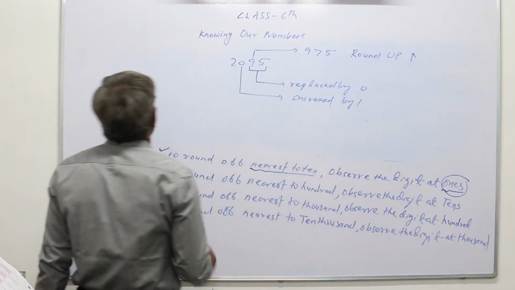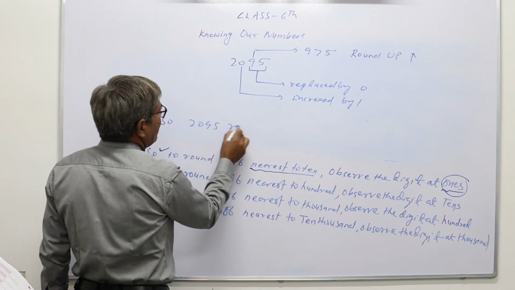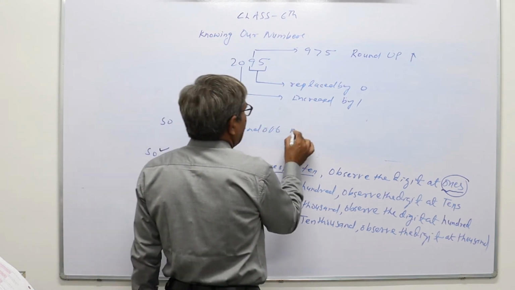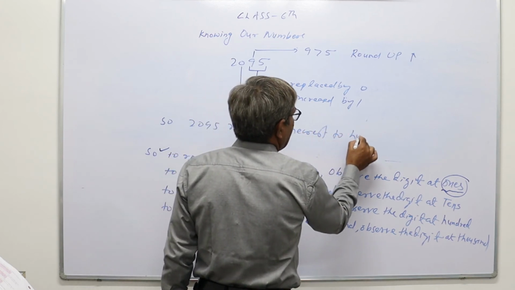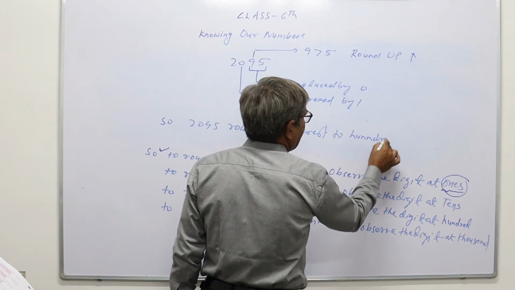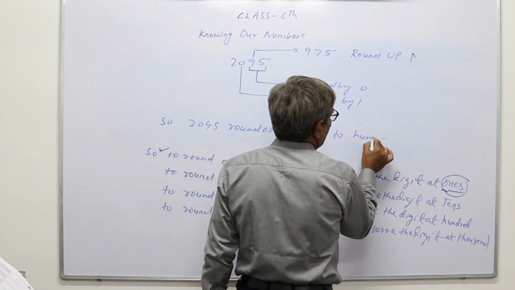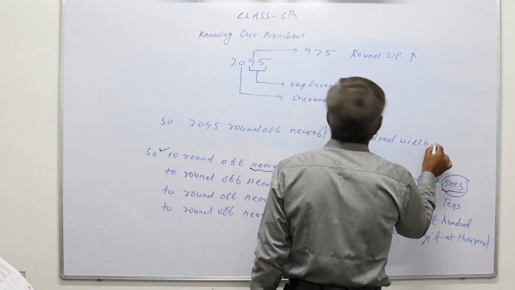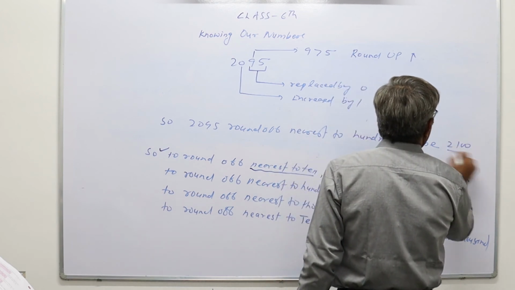So 2095 rounded off nearest to 100 will be 2100.